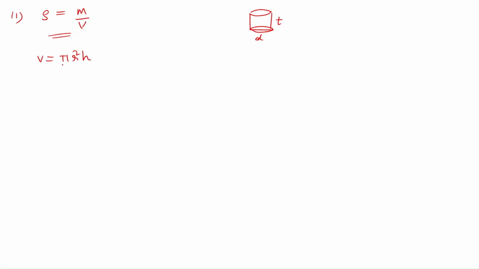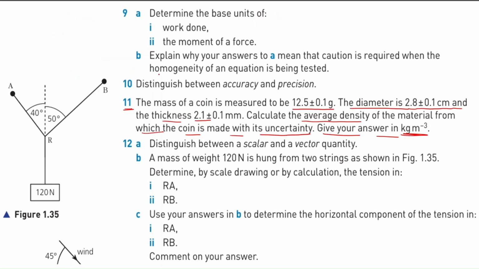Pi is 3.14. R is the radius of the cylinder. H is height. But here we get the diameter, so we have to replace radius by diameter, and H is what we call T. Now this is a number 4, and here D is 2.8.